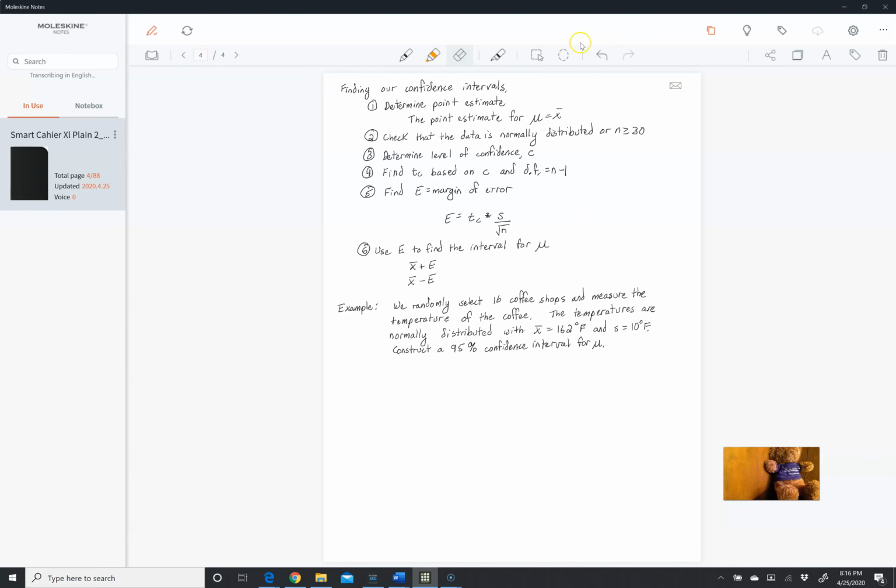So we're going to go through each of these 5 steps. So what's our point estimate? This is not really a step that you have to write. I'm putting it in here.